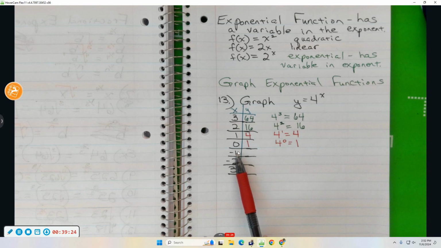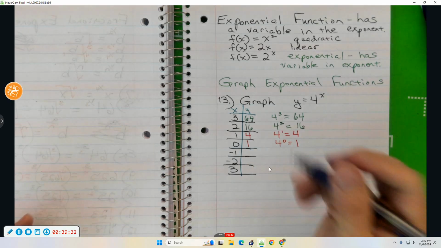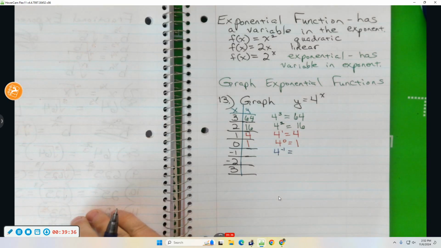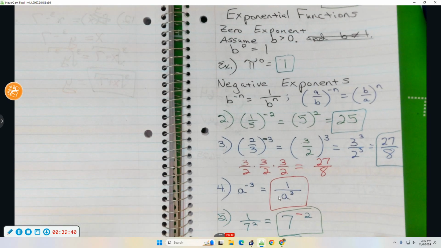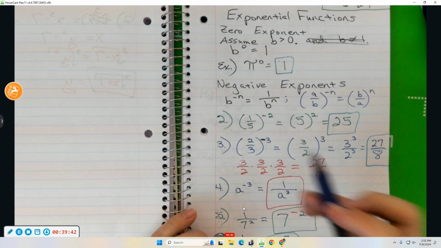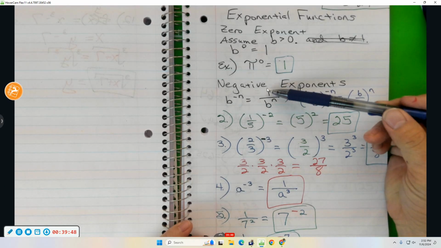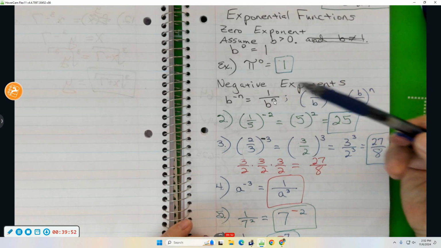Now we're getting into the negative exponents. So we've got to remember our properties for negative exponents. You plug in the negative 1. 4 to the negative 1. How do I write that without a negative exponent? 4 to the negative 1 is the same thing as 1 over 4 to the positive 1.